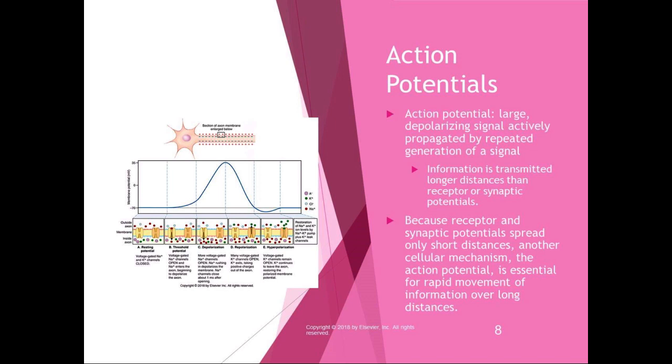Because the receptor or synaptic potentials spread only short distances, the action potential is essential for rapid movement of information over the long distances. Because action potential is a much larger change in electrical potential, it can be repeatedly generated along the length of the axon. It can spread longer distances than the local potential, and it's actively and passively propagated.